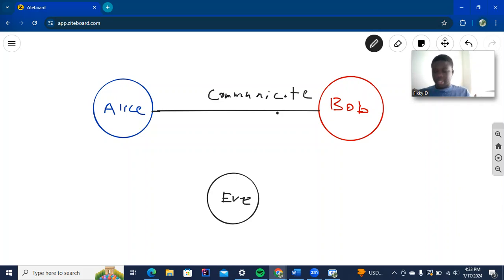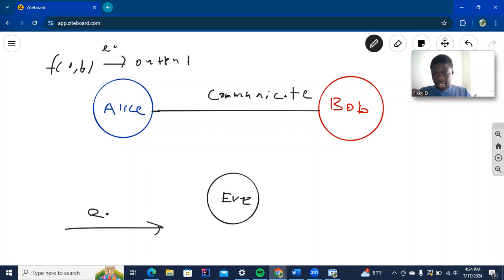But the general idea of a one-way function is that if you give the function some inputs, it's very easy to get an output. So it's very easy to go this way, given that you have a function and you input some inputs.